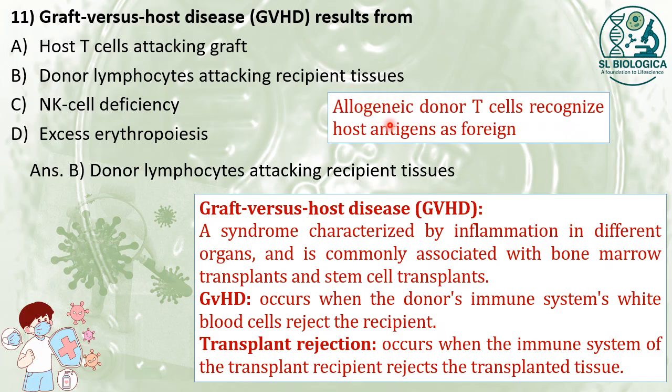So in humans, like in us, if I'm receiving a bone marrow transplantation, obviously the donor must be a human. So within individuals of the same species. So here allogenic donor T cells recognize the host antigens as foreign. Same thing that we already discussed right now. So that is graft versus host disease.